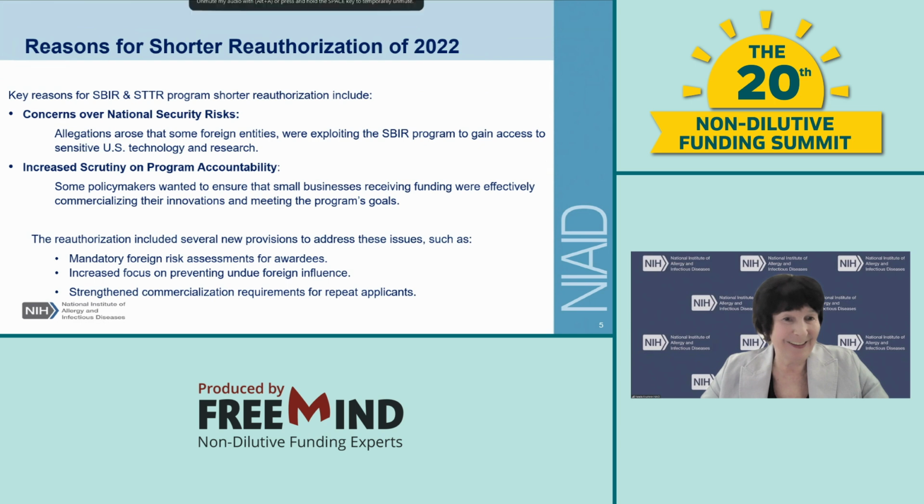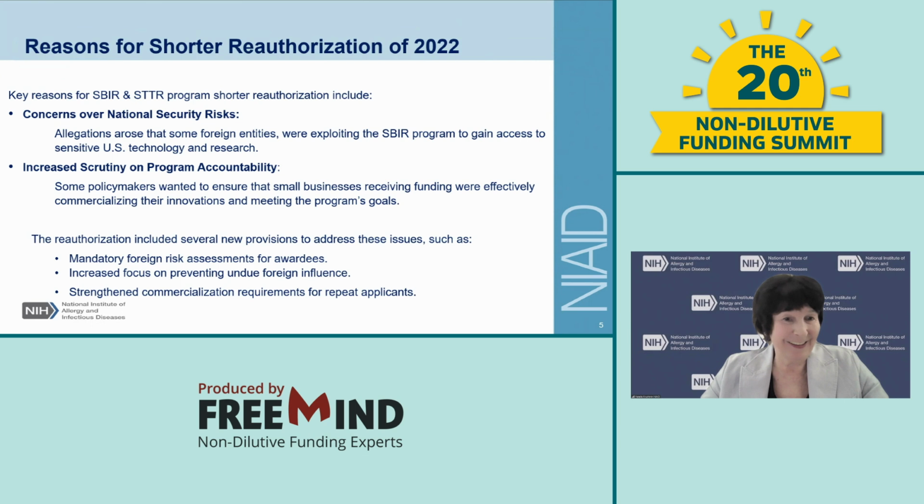In 2011, the program became a law, and as a law, SBIR and STTR went through multiple reauthorizations, each at approximately 5-6 year intervals. But the current one, the last one, was in 2022, and it was only for 3 years.